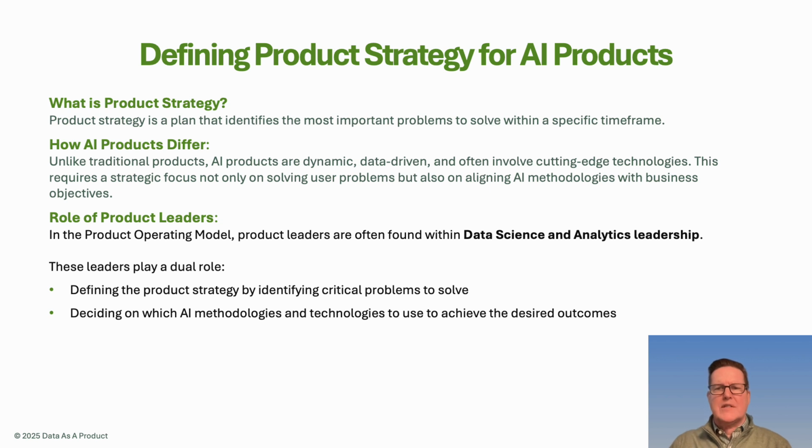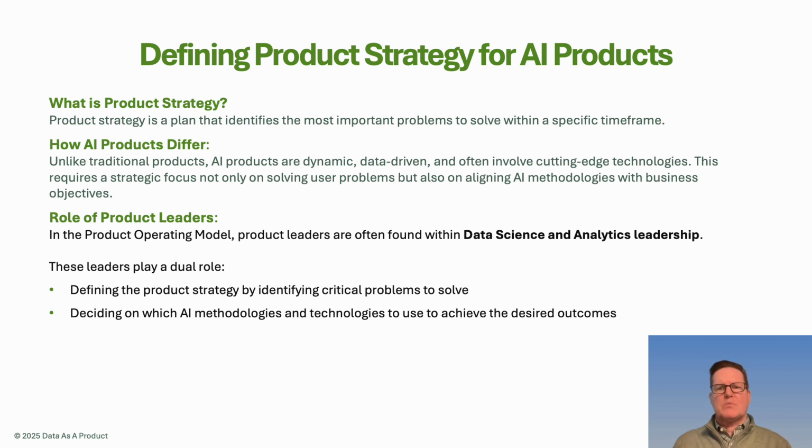For instance, a data science leader might determine that reinforcement learning is the best approach for a dynamic pricing model based on evolving customer behavior. These types of decisions guide the team. They ensure alignment between the business goals, the AI capabilities, and the technical execution.